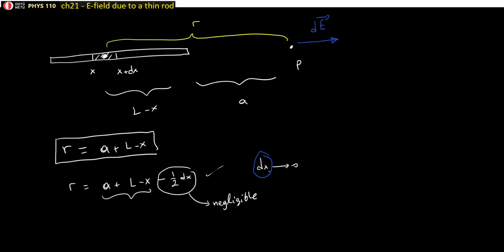Even though this dx is a differential, dx is actually the difference between two coordinates, the difference between the left and right ends of that charge. But this dE is not a difference. So as a result, in dE, we say that D is a reminder to us that dE is infinitesimal.